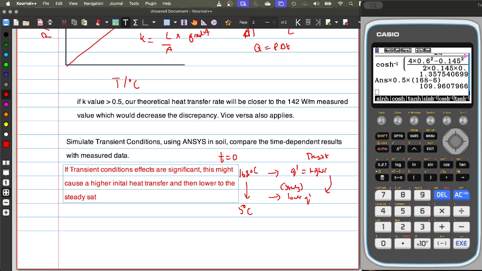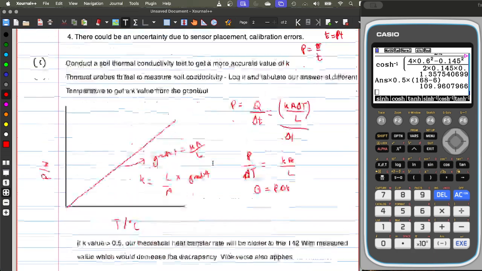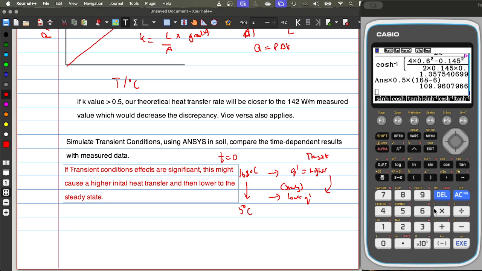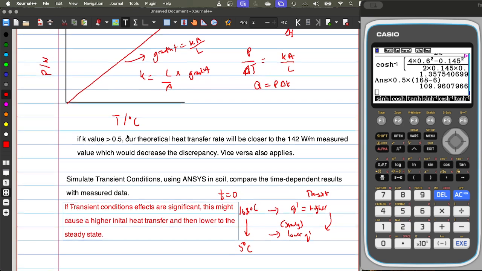We did not account for that. So maybe that's why our k prime value is a bit smaller than it should be, because our q prime value is smaller than it should be. Okay, if you're content with this, you can just submit all this.